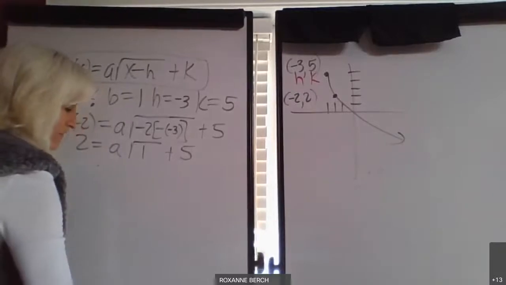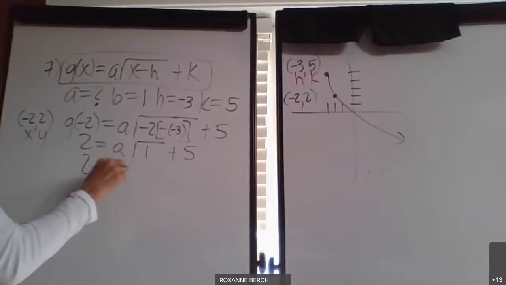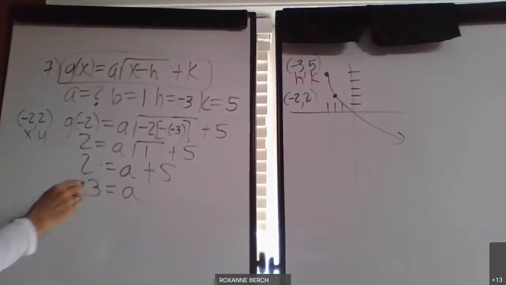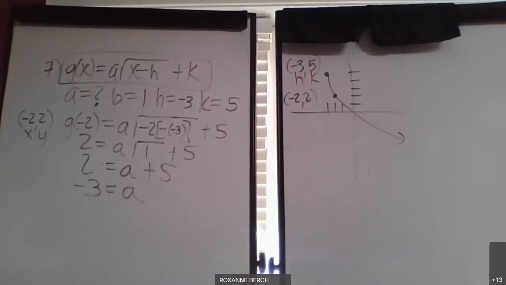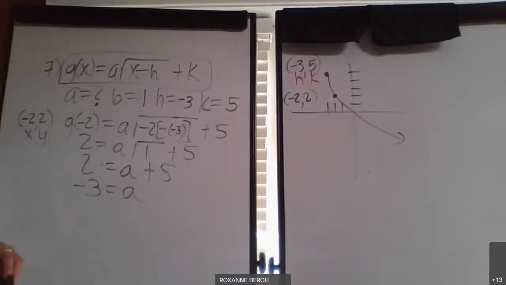I don't know of a problem. You have to find a problem for me to do, because I don't know of one. So in this case, a equals -3. So your function would be g of x is equal to -3 times the square root of x plus 3, plus 5. Yeah, so you have to find a problem and ask me about it.